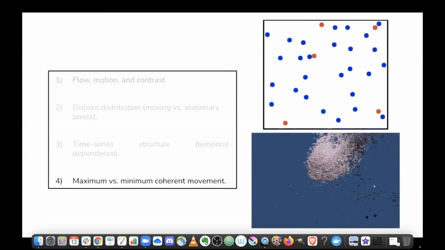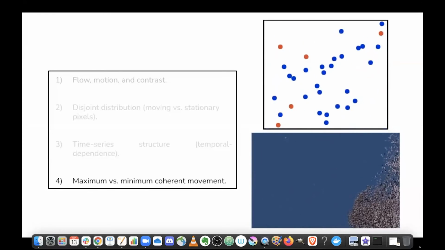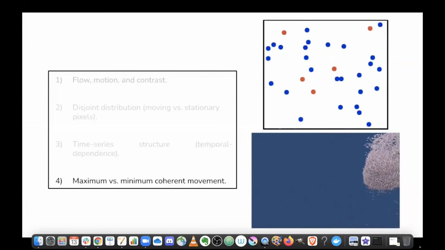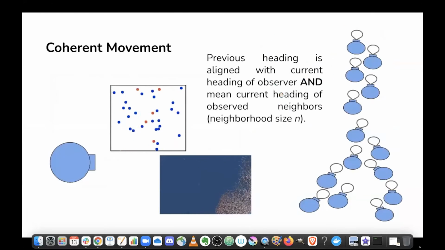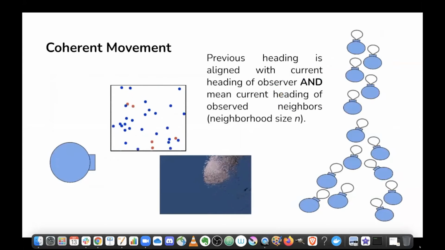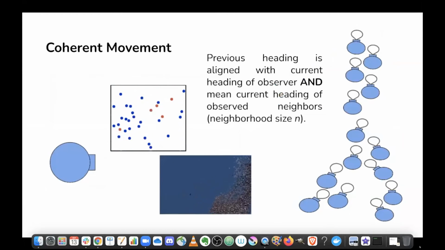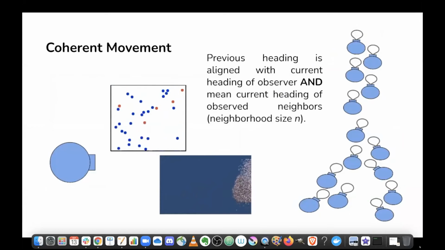So the question is, can an agent differentiate between these two types of movement and characterize the information in the bottom image versus the top image? In this case, coherent movement can be measured from afar. So a single agent can look at some collective behavior and assess the information content.